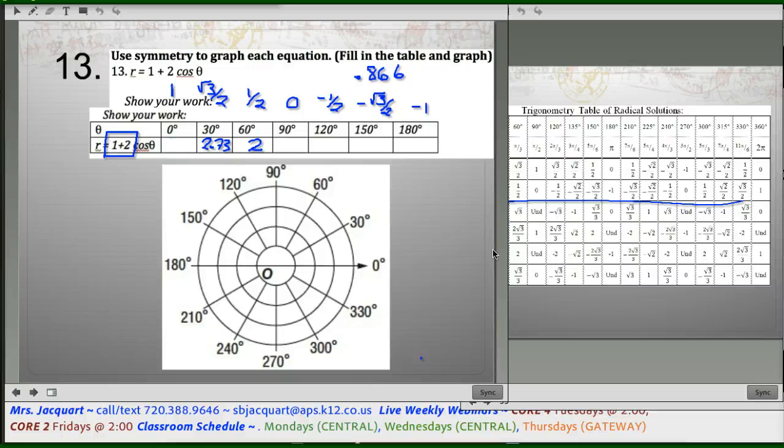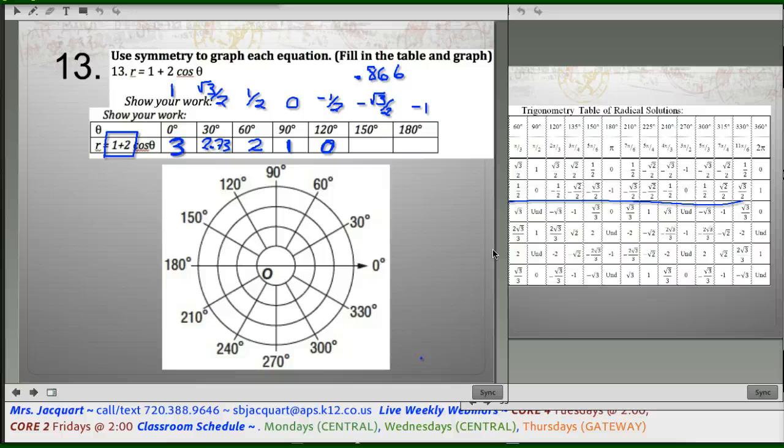This is 3. So if we have 0, then this is 1. And we have -1/2 times 2 is -1, so this ends up being 0.